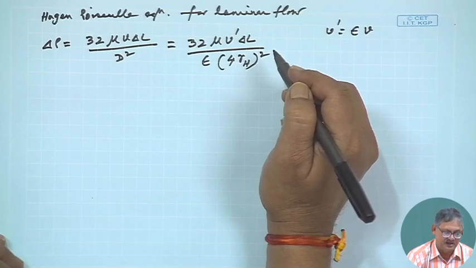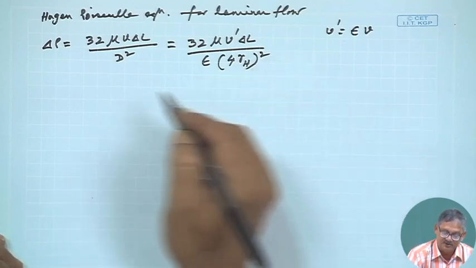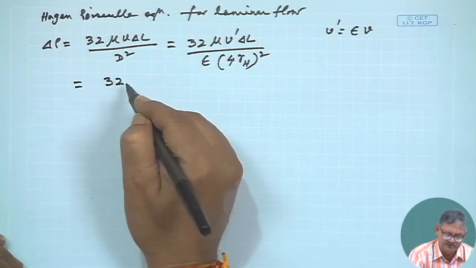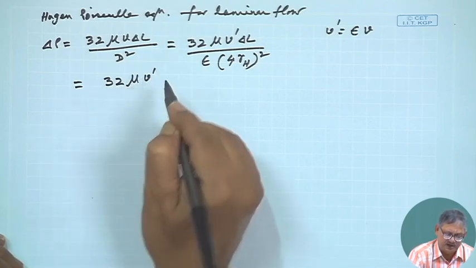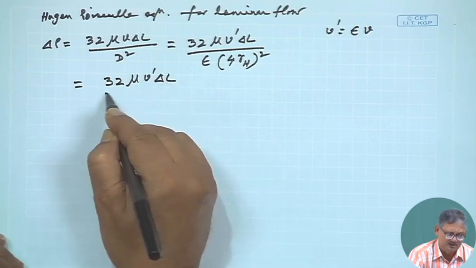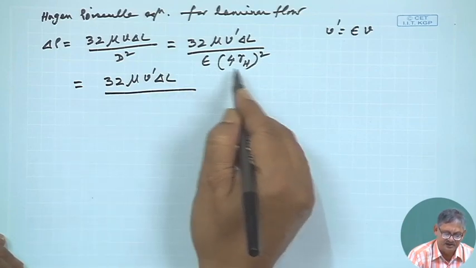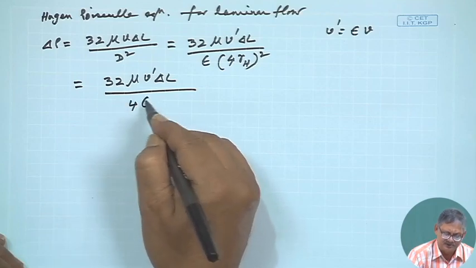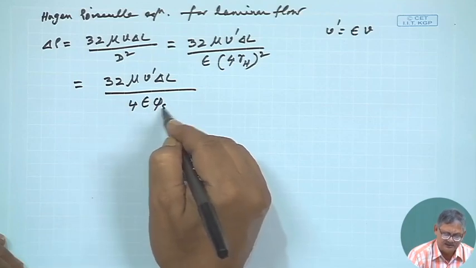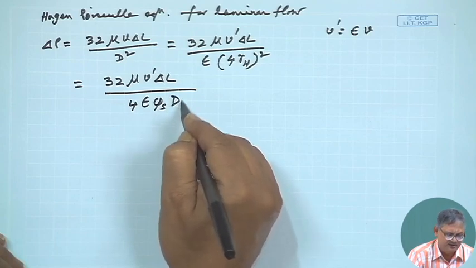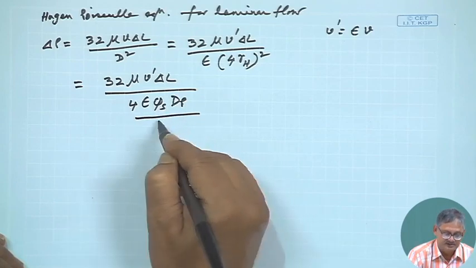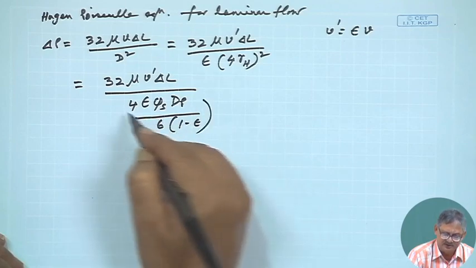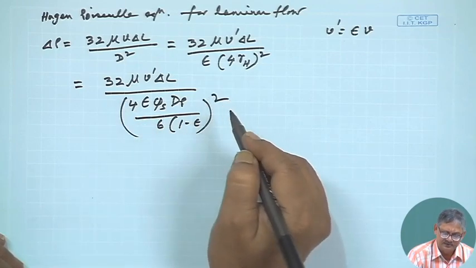So if that be true, then we can also write this is equal to 32 mu V prime delta L over, this we can rewrite as 4 epsilon phi S dP over 6 into 1 minus epsilon, this whole square, right.